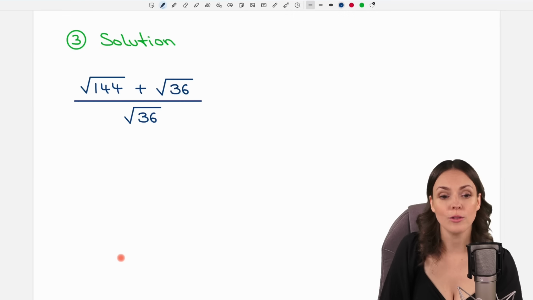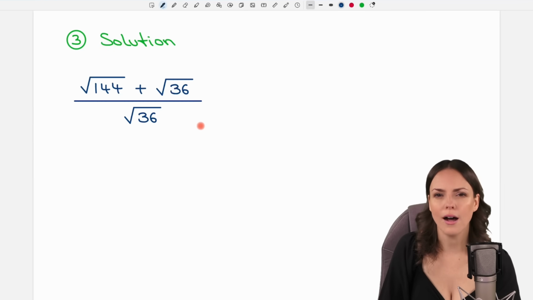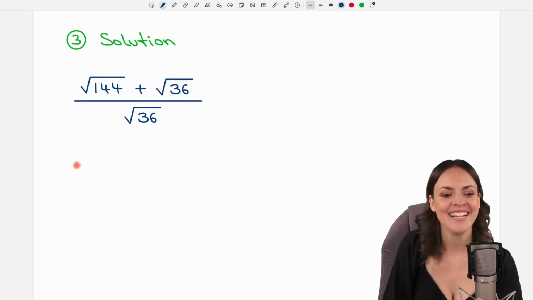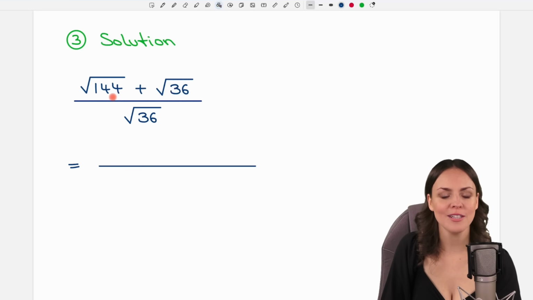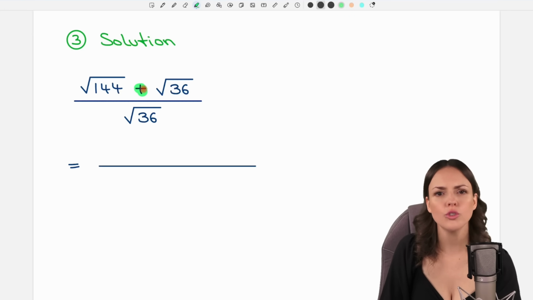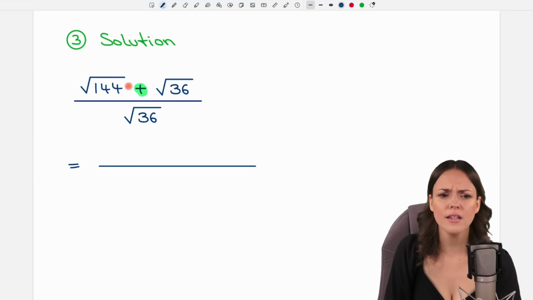And the third solution is not the most obvious one, but maybe there are some crazy people out there who solved it exactly like that. So maybe you took a look at this expression, you saw the plus, you didn't want to calculate the individual square roots, but you saw that the square root of 36 is in here, it is in here, and maybe you thought, maybe it is also in here.